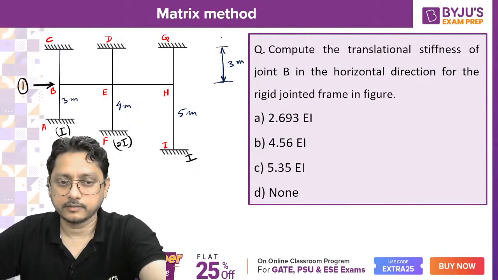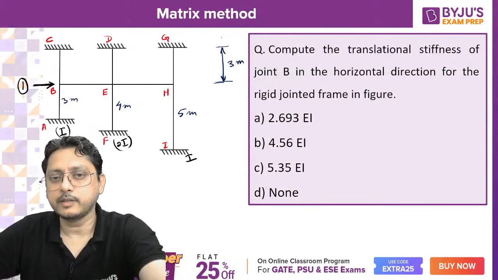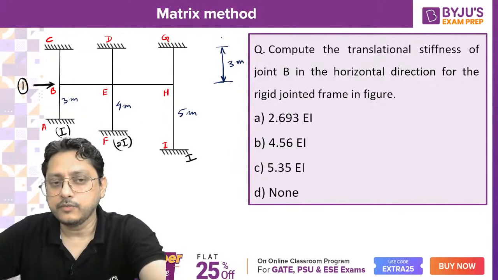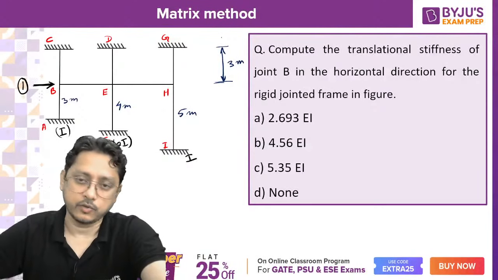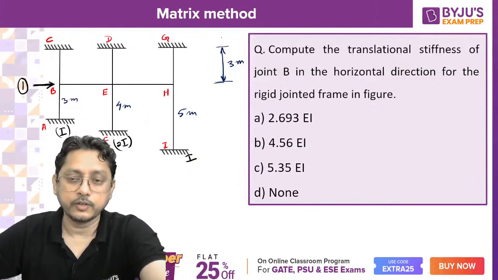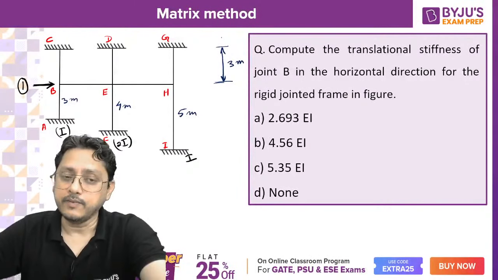He's asking simply the translation stiffness, meaning if you want to produce a unit deflection at B in the given coordinate direction 1, how much force do you need to apply? That is the meaning.